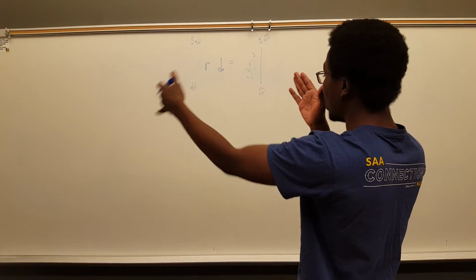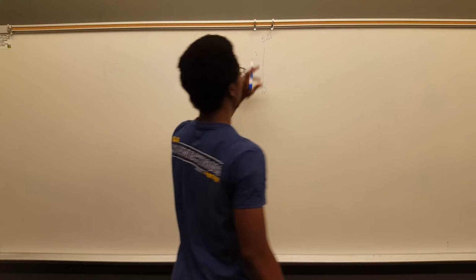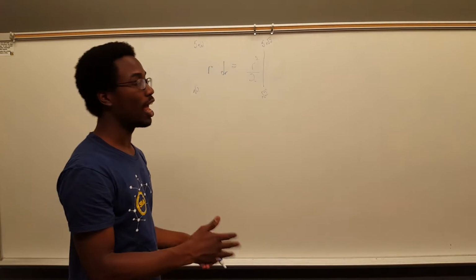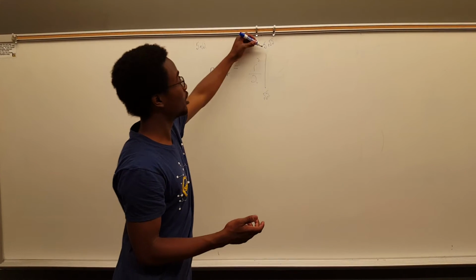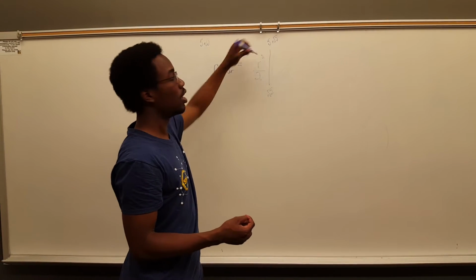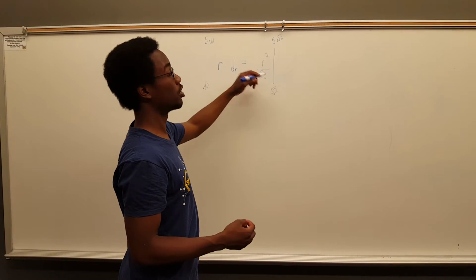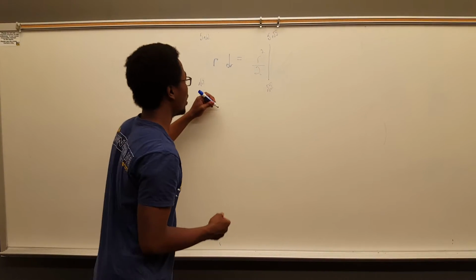Now, if you ever see this evaluation symbol and you have 2 points to evaluate by, the way to properly do this is you plug the top point into the equation and solve that out, and then subtract the bottom point plugged into the equation and solve that out. So I'm going to do so right here at the bottom.